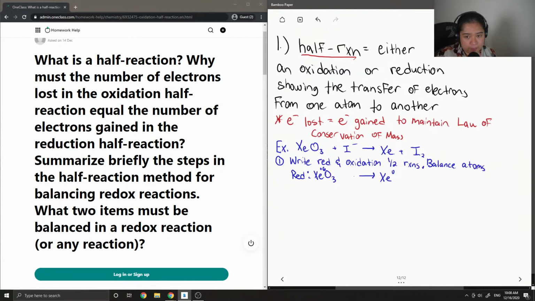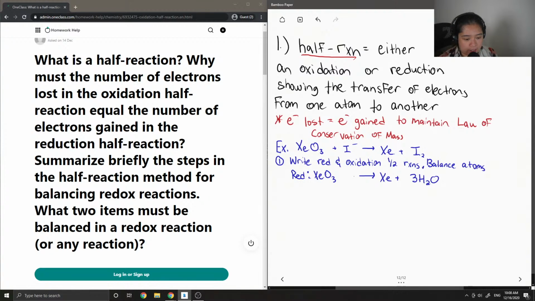So I want to now balance the atoms. You'll see that there are 3 oxygens on the reactant side and there are none on the product side. So in aqueous solutions, to add oxygen, I am going to add 3 H2O. Notice that now I have 6 hydrogens and 3 oxygens on my product side.